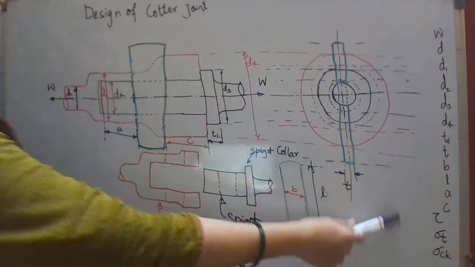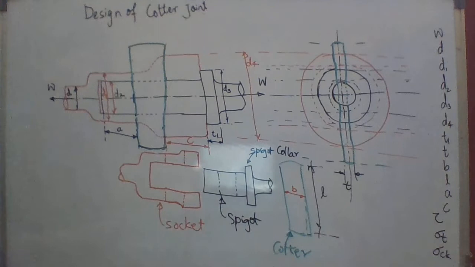Now the last three are the different strengths of the material of all the parts. So tau is the permissible shear stress, sigma t is the permissible tensile strength of the material, and sigma c is the permissible crushing stress of the material.